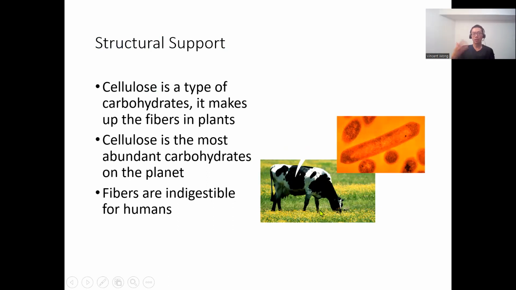Animals that feed on grass, grazing animals, we call them, have a special kind of bacteria in their stomach that helps them break down the cellulose. Cows, right? If you ever observe a cow, they actually chew a lot. How many stomachs does a cow have? Anybody know? It's a weird question to ask, but it has more than one stomach.